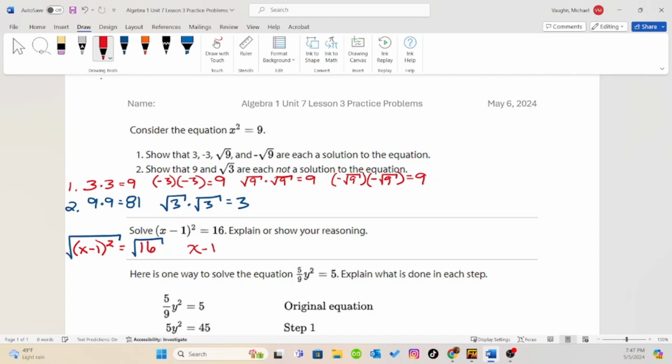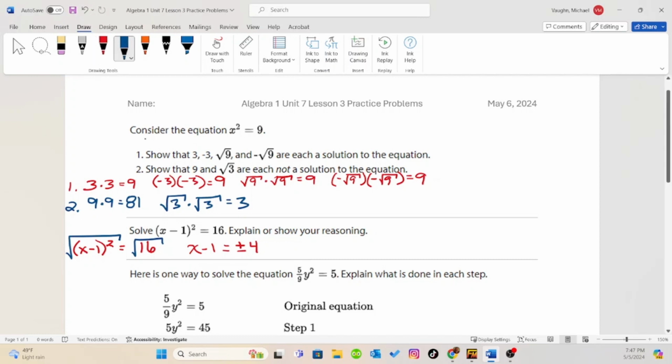So now I have x minus 1. And the square root of 16 is plus or minus 4, because positive 4 times positive 4 is 16, but negative 4 times negative 4 is also 16.